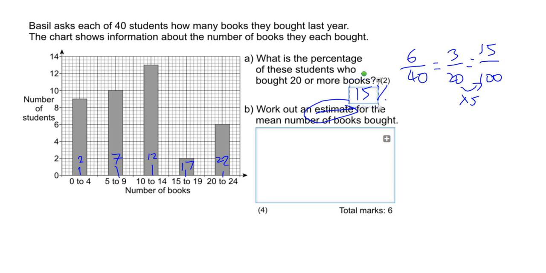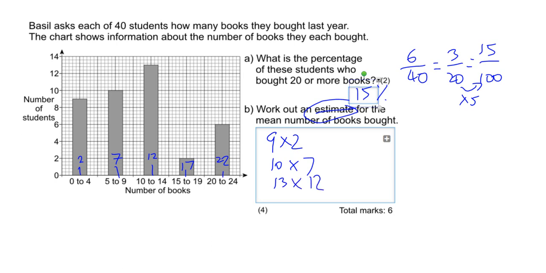Well, if there's 9 people and they each bought 2, that's going to be 9 lots of 2. And over here, if there were 10 people and each bought 7 books, that's 10 lots of 7. Here, it's going to be 13 people and they each bought 12 books.